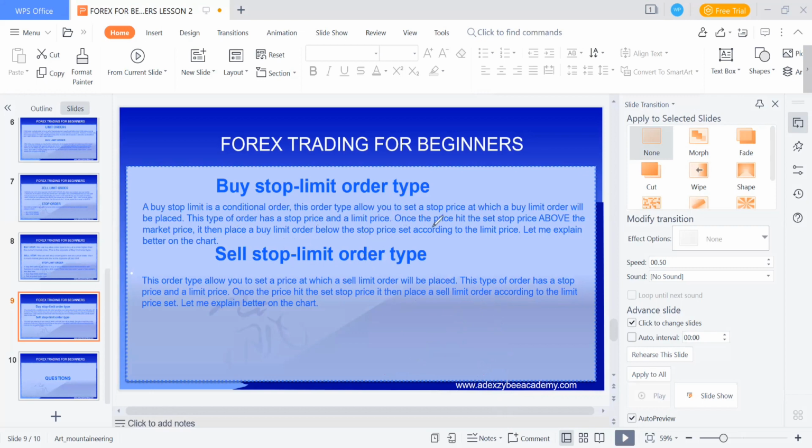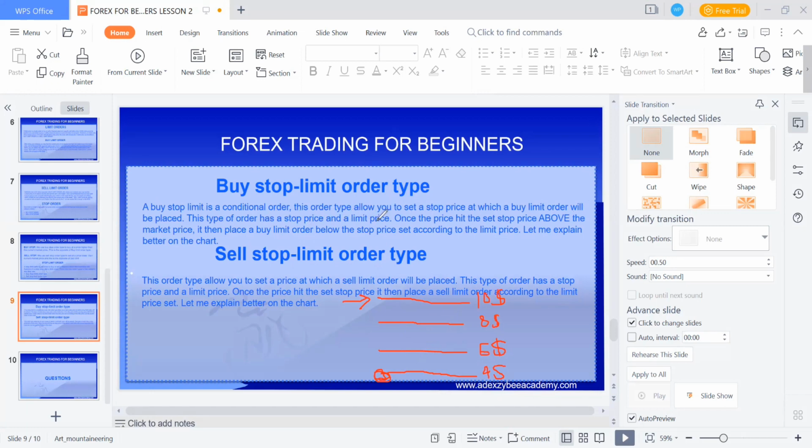A buy stop limit is a conditional order. This order type allows you to set the stop price at which a buy limit order will be placed. This type of order has a stop price and a limit price.